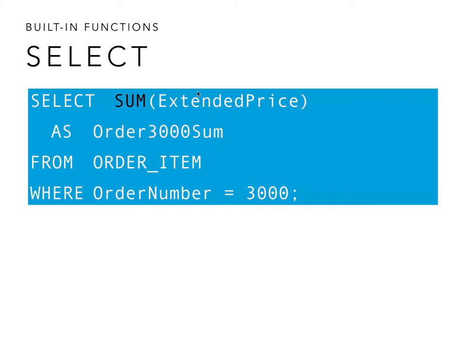You can only set this built-in function's result into order 3000 sum. This is the table name, and we have this where clause where order number equals 3000. So we're finding all the order number 3000s and adding them up. And what we get is one row with one column. The name of that column is order 3000 sum, and the value in it is the sum of all of the rows that were in order 3000. Does that make sense? Questions on that?